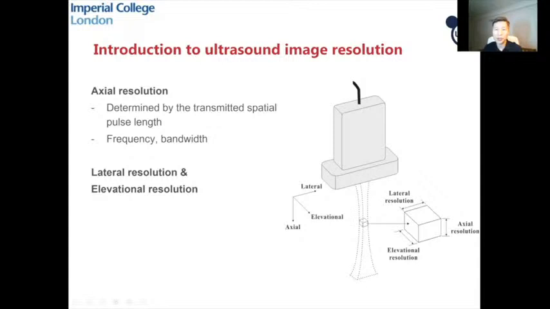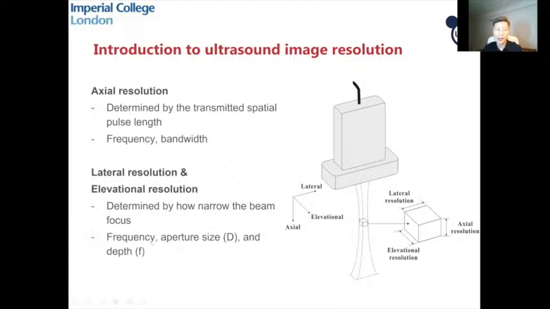For the lateral resolution and the elevational resolution, they are determined by how narrow the beam can focus in the lateral and in the elevational direction. And they are again determined by the transmission frequency, the aperture size. So the aperture size in elevational direction is this, and in lateral direction is this, and also the depth, so it's the depth of your point of interest.